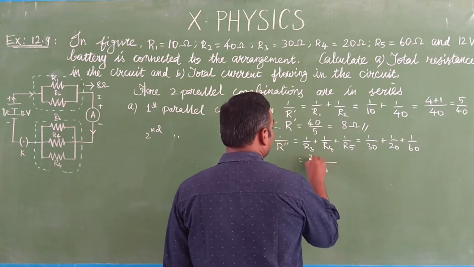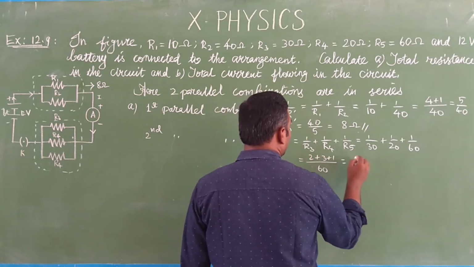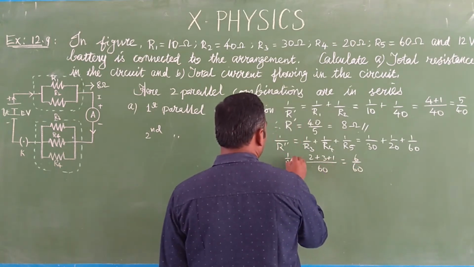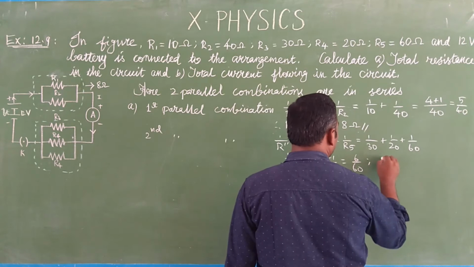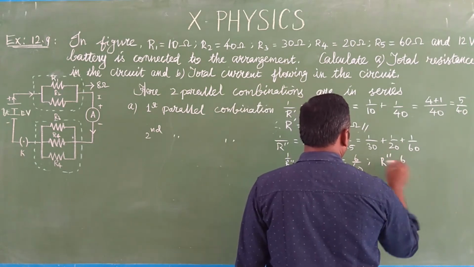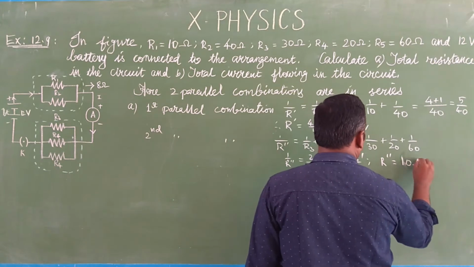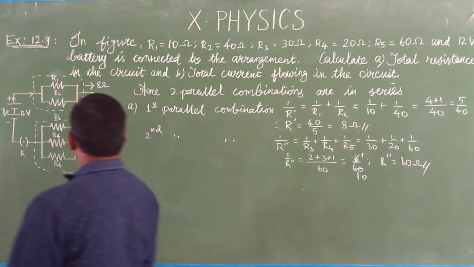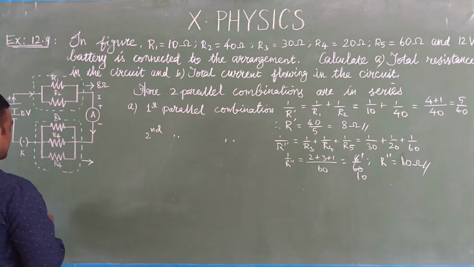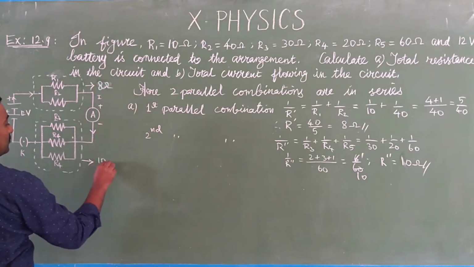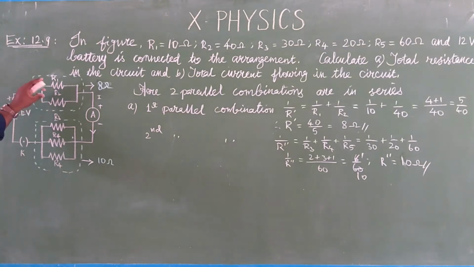So 2 plus 3 plus 1, 6 by 60 is 1 by R double dash. So R double dash is 1 by 10, so it is 10 ohm. The second parallel combination value is 10 ohm.